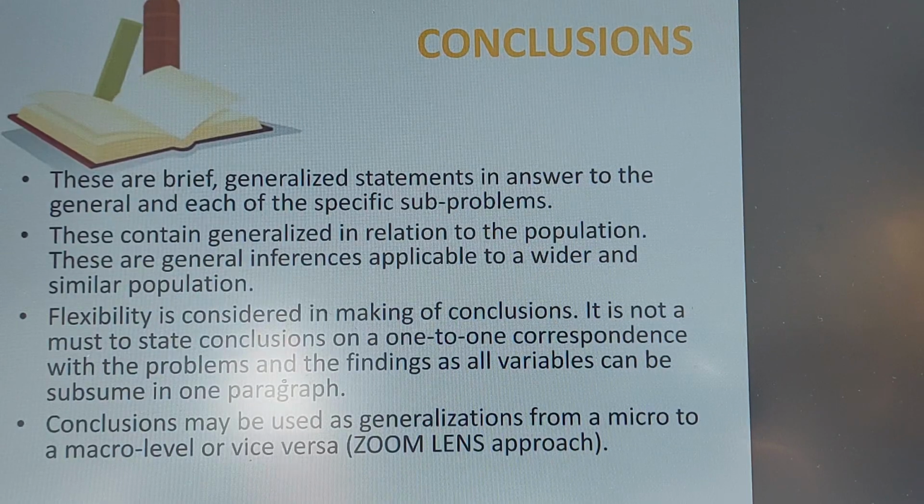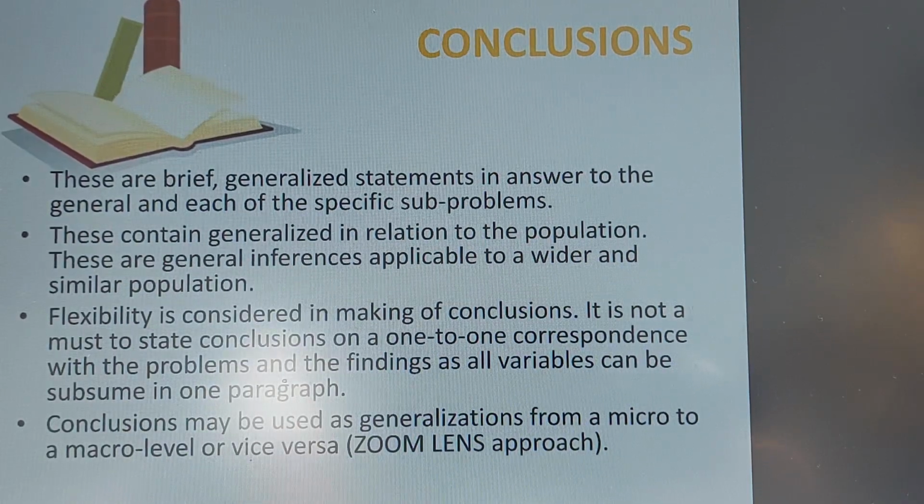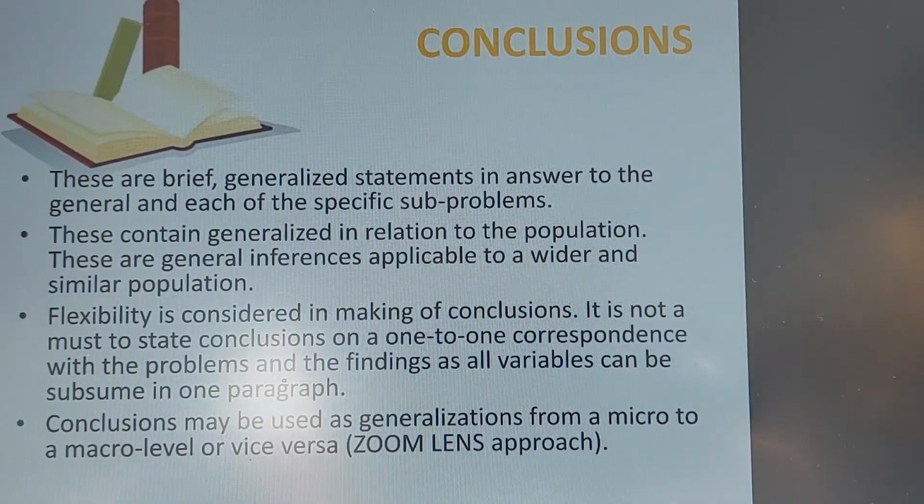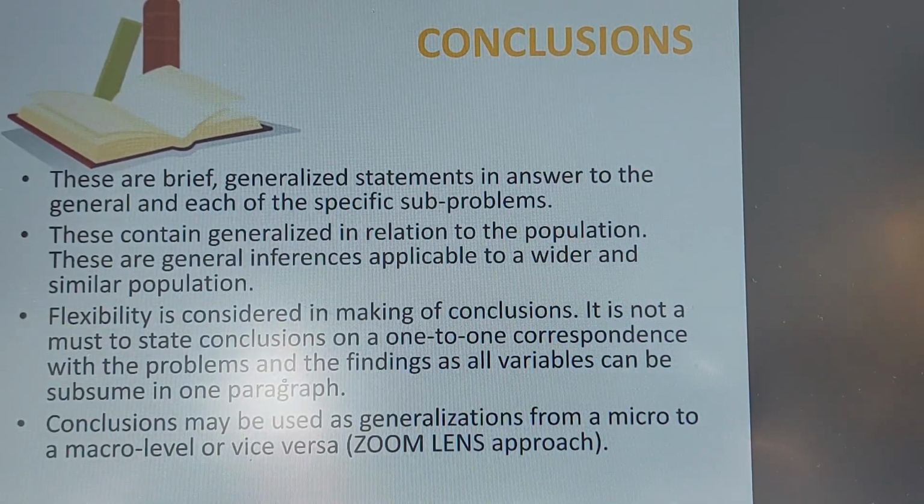Then flexibility is considered in making conclusions. It is not a must to state conclusions in a one-on-one correspondence with the problem and the findings, as all variables can be subsumed in one paragraph. Take note of that. Then for conclusions, we use the generalizations from the micro to the macro level and vice versa.